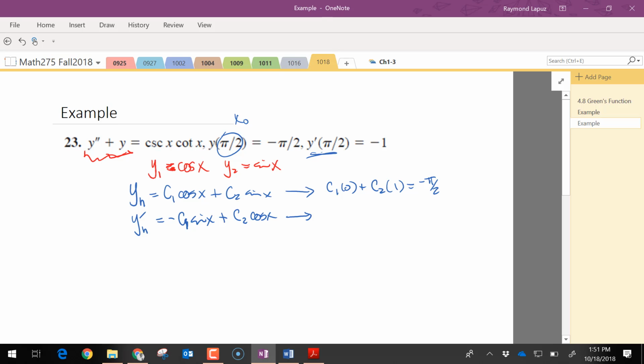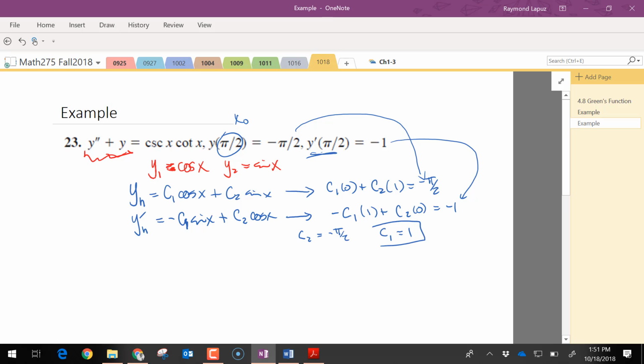And then sine of pi over 2 is 1, and cosine of pi over 2 is 0. So it looks like C2 equals negative pi over 2, and C1 is equal to positive 1.